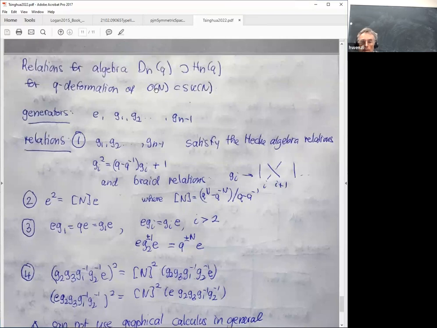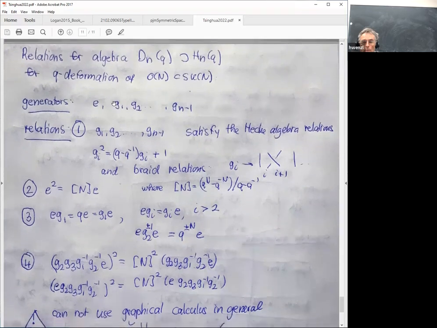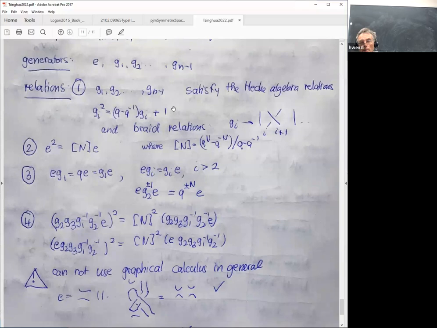Then we know in the classical case, q equals 1, we only need to add one more generator to these generators of the symmetric group. Now the generators of the symmetric group become the generators of the Hecke algebra. So g_1, g_2, ..., g_{n-1} satisfy the Hecke algebra relations, which I wrote down here. They satisfy a quadratic equation, and they satisfy the braid relations, where g_i would correspond to this crossing here.